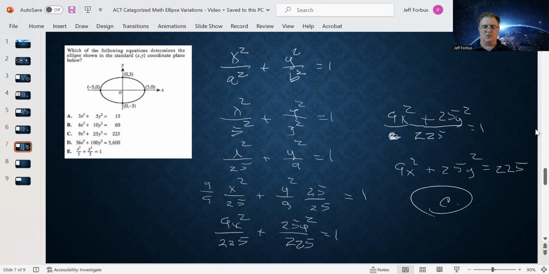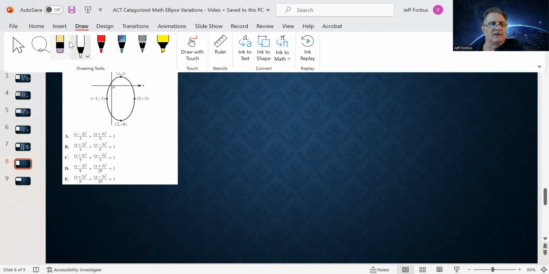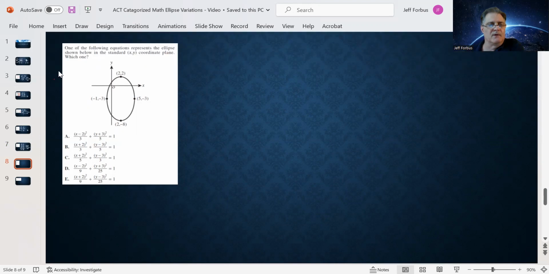Okay, 2 more. All right, so this one is just moved down to around the 4th quadrant of the graph. So let me get my red pen. It says one of the following equations represents the ellipse.